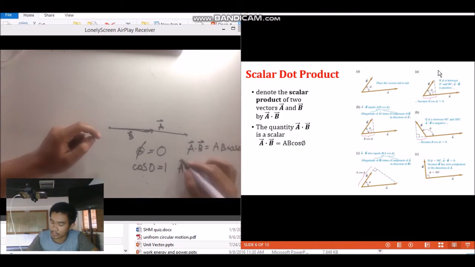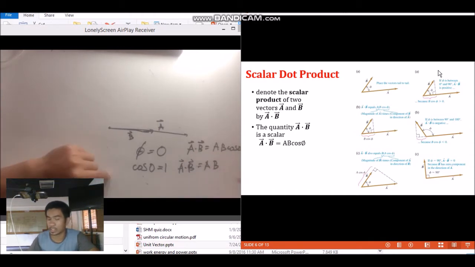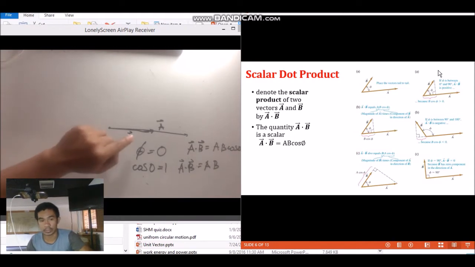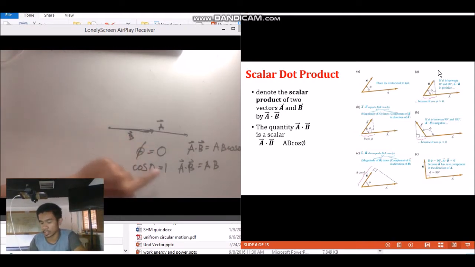Then vector A dot vector B equals AB. So if two vectors are pointing in the same direction, then the scalar dot product of these two vectors is the product of their magnitudes, magnitude of vector A times the magnitude of vector B.